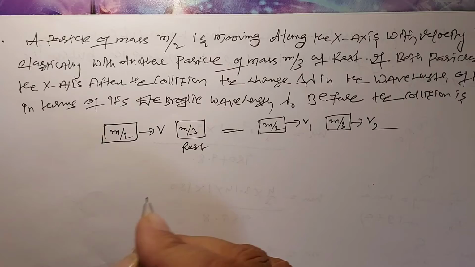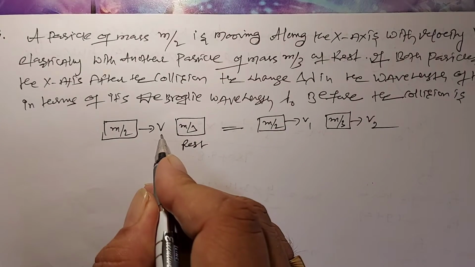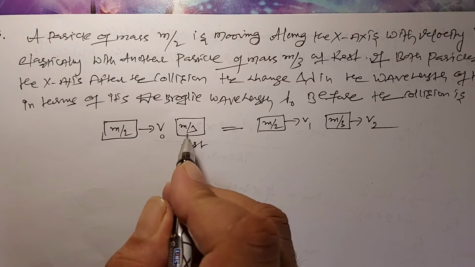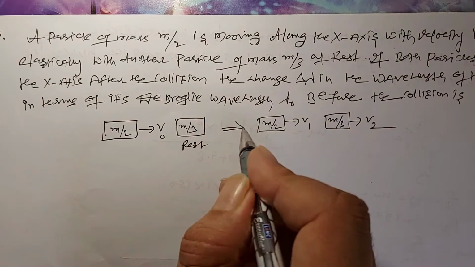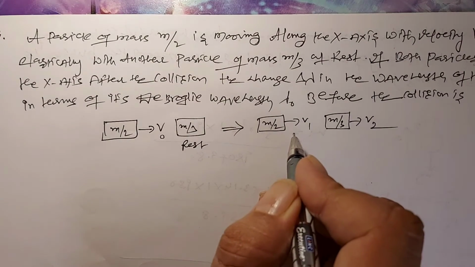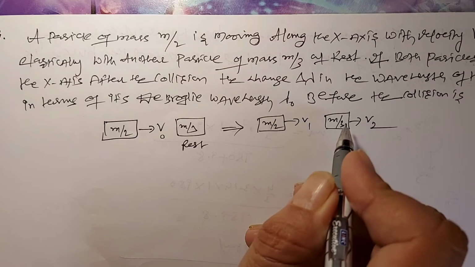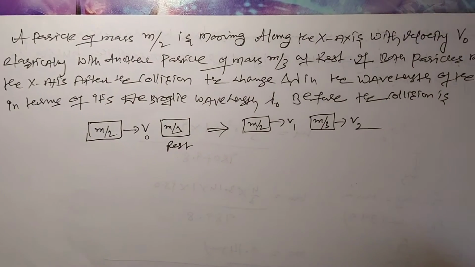Okay, this is a particle of mass m by 2 which is moving with velocity v0. It strikes another particle of mass m by 3 which is at rest. After the collision, the first particle is moving with velocity v1, and we don't consider the second particle according to the problem.